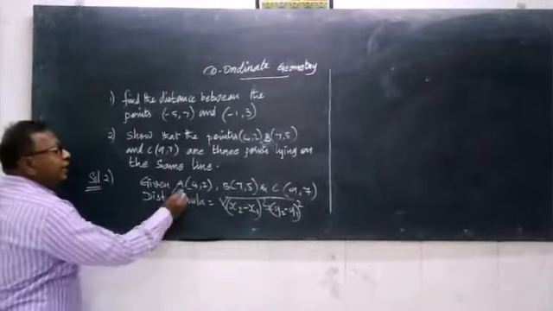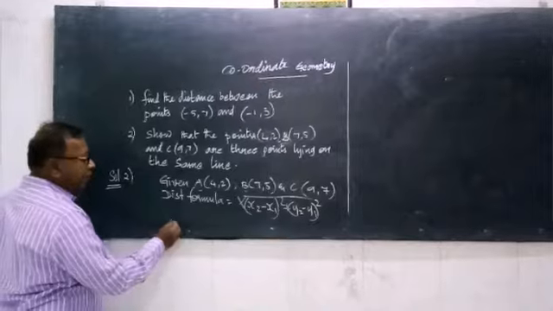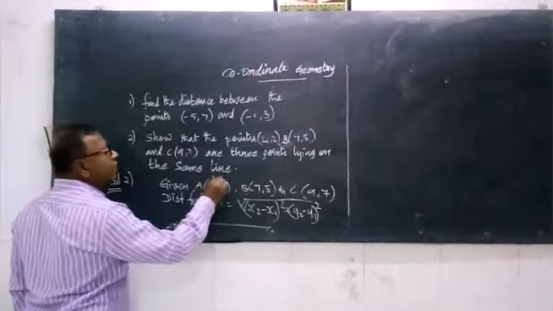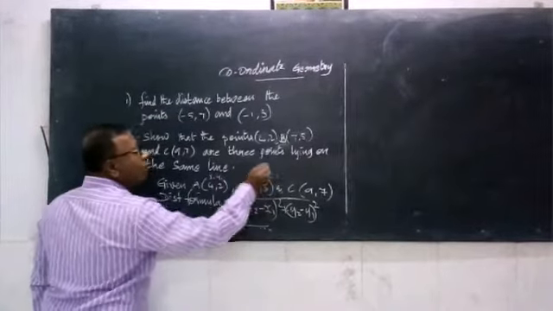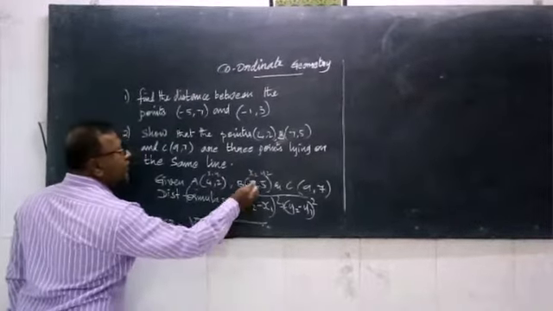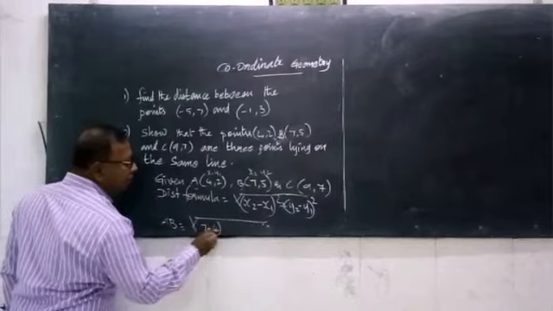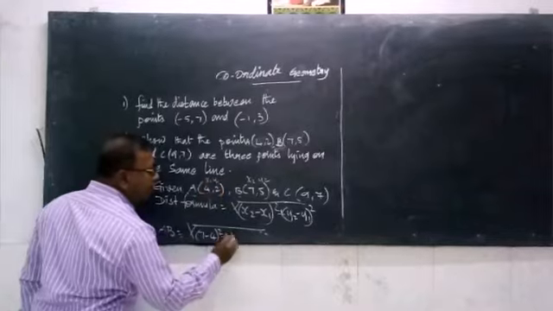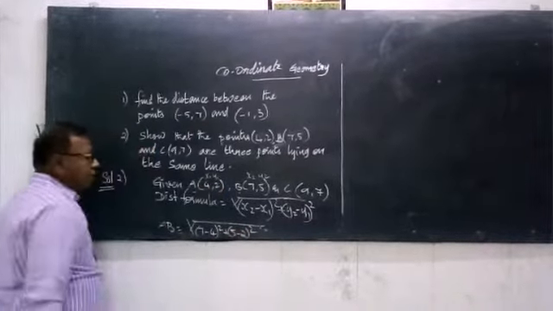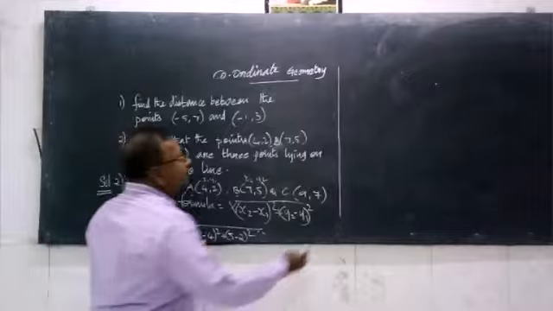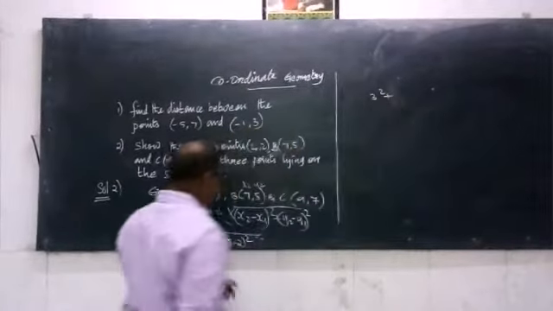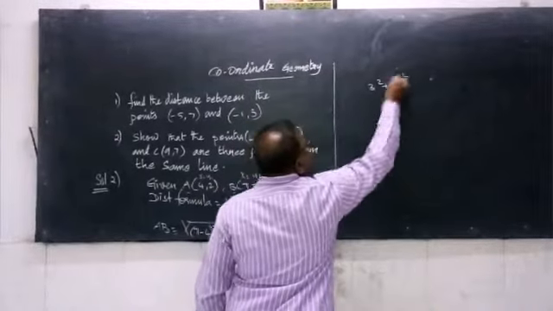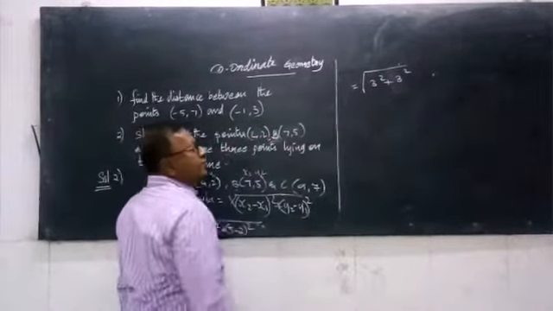Using this, let us find the distance between A and B. AB is equal to root of, this time it is x1, y1 and this is x2, y2. So x2 minus x1, 7 minus 4, whole square, plus y2 minus y1, 5 minus 2, whole square. 7 minus 4 is 3, so 3 square plus, again 5 minus 2 is once again 3, 3 square. So this is root of 3 square plus 3 square.